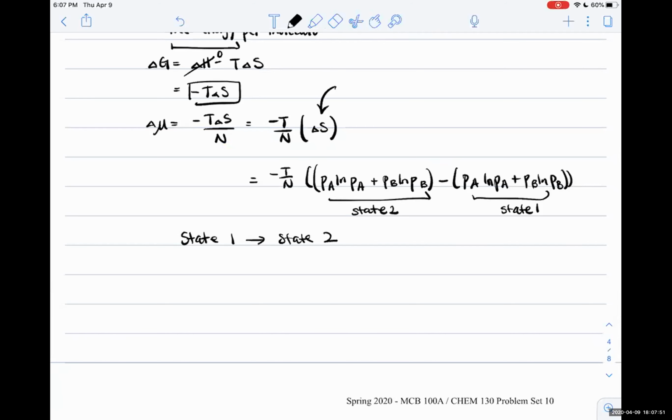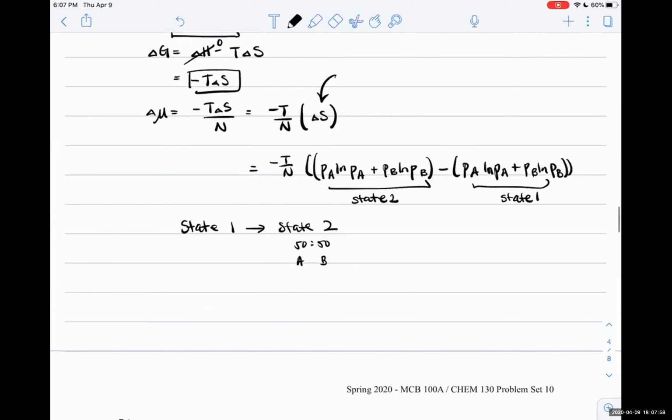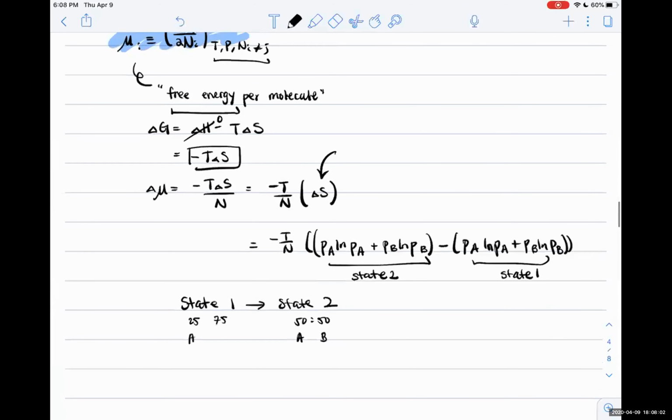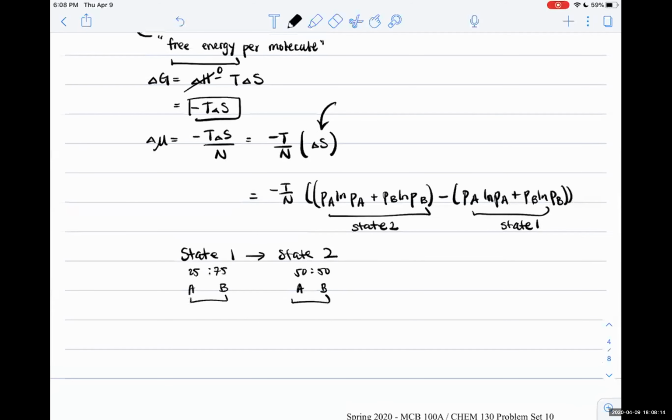We know that this one is 50-50 in terms of how many molecules we have for A and B, and this one is 25% and 75% for A and B. And based on what Byron said, because we have an equally mixed amount of A and B compared to the state A, this one will be more favorable. Therefore, we will expect the chemical potential to be positive, not negative.